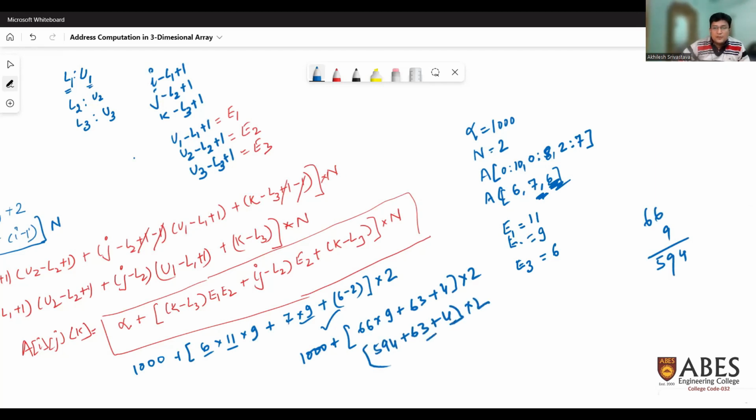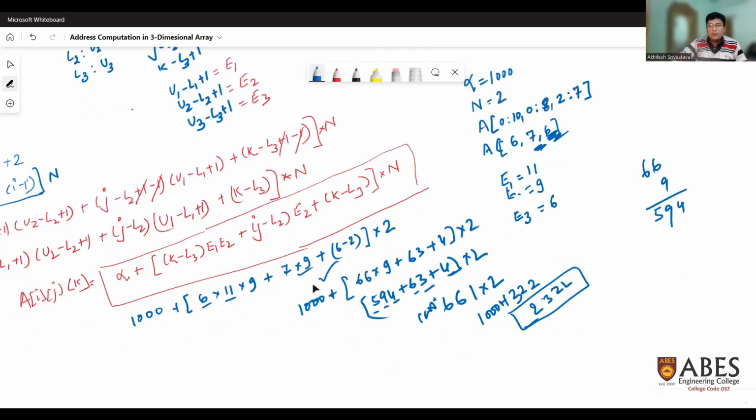So this is 661 into 2, which will be 1322. Now, this will be added with 1000. Hence, the address will be 2322. So this is the address of the desired element using the column major order arrangement.